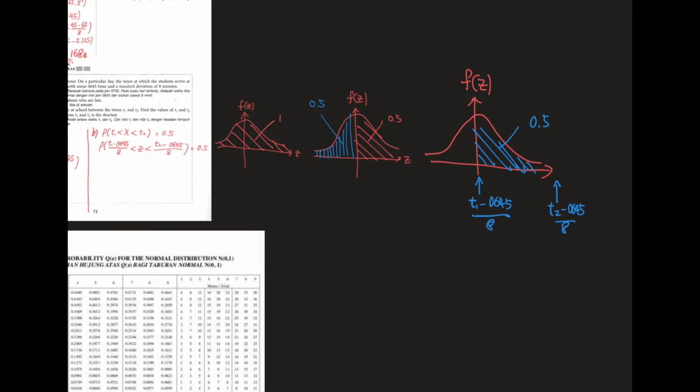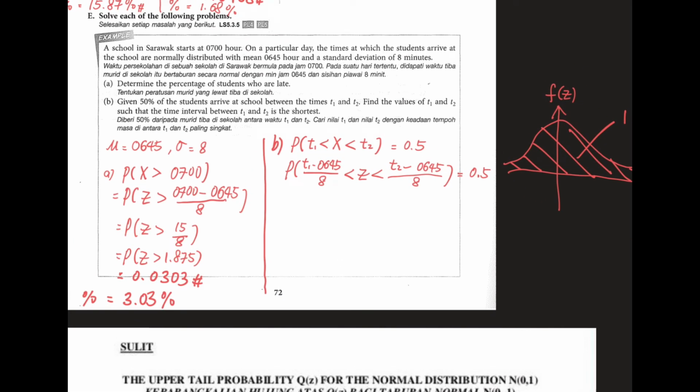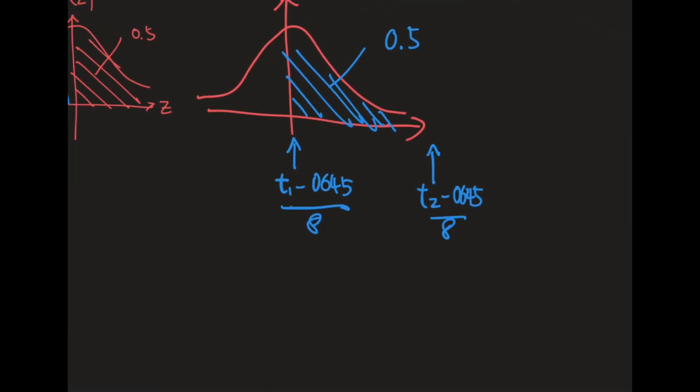But the thing is, this fraction has to be as right as possible. So at the end, it makes T1, T2 very far apart. The question said T1 and T2 must be the shortest, so we can't take it that way, because T1, T2 is going to be very far apart from each other if you take here and here as right as possible.